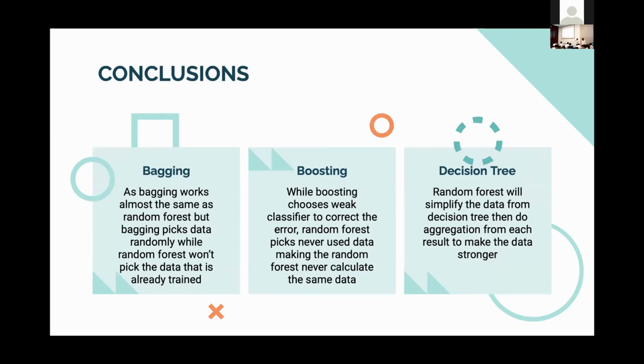Bagging works almost the same as the random forest, making the data random regardless of whether the data is already trained or not. That's why random forest is better than boosting.